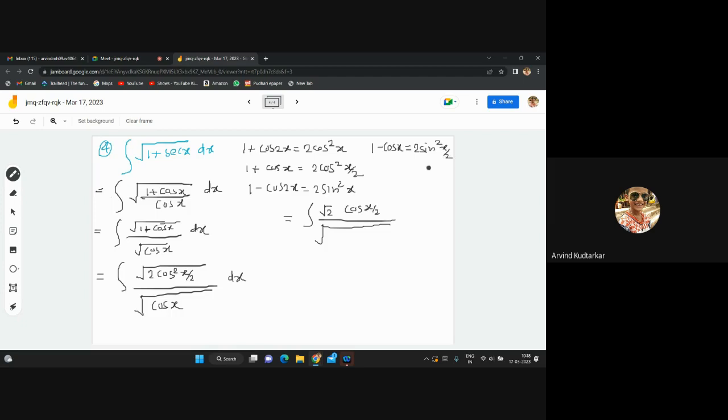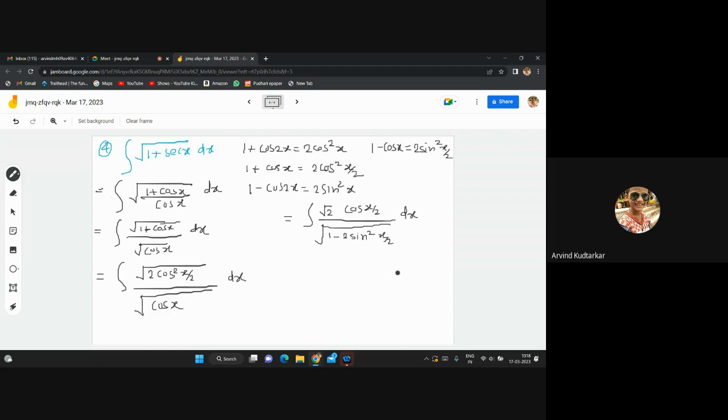Right? So after exchanging their terms, you will get the value of cos x. And what is that cos x? 1 minus 2 sin square x by 2 is cos x. So we write 1 minus 2 into sin square x by 2, into dx.